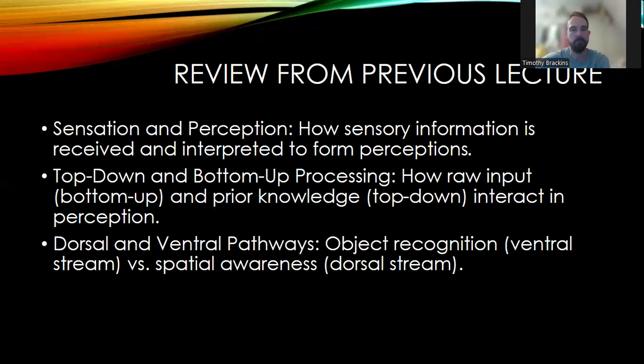We also talked about our top-down and bottom-up processes, so how raw input, bottom-up, and prior knowledge interact in perception. And then we talked about our dorsal and ventral pathways, our what and where pathways, and that these are separate, distinct neural pathways responsible for identifying objects in the environment and then locating where they are in the environment.